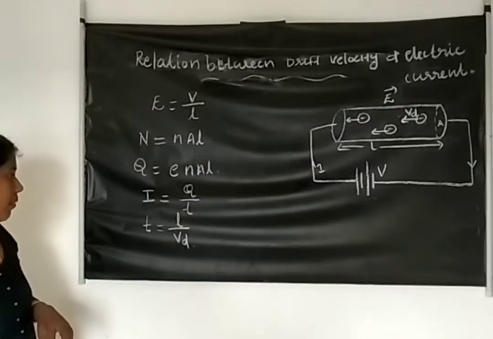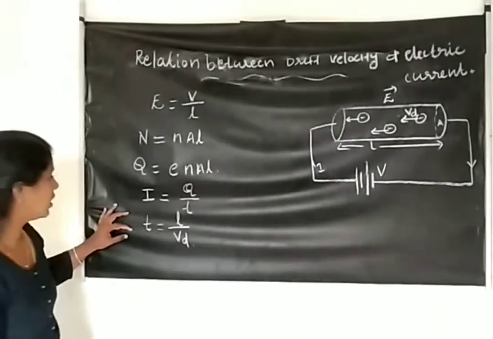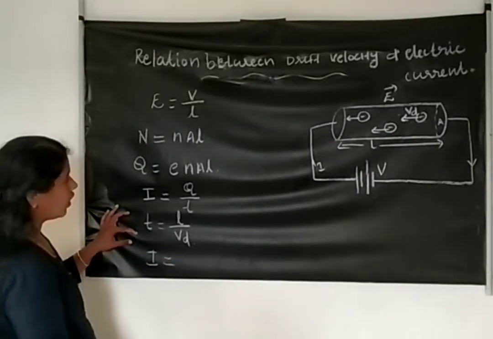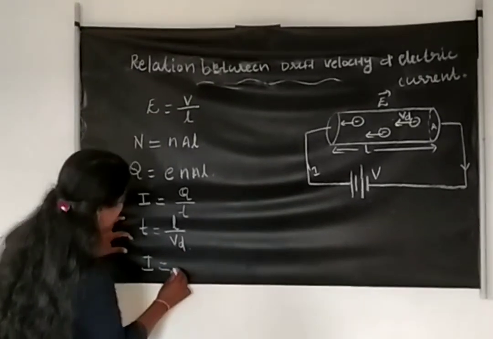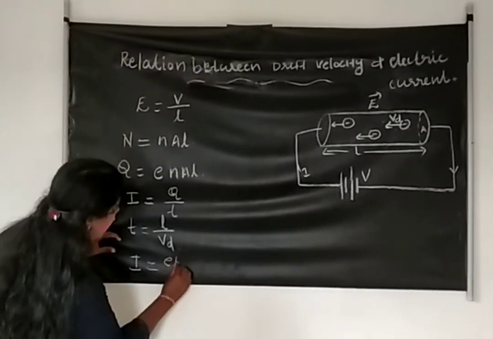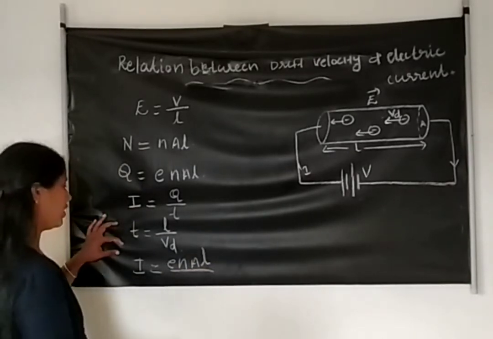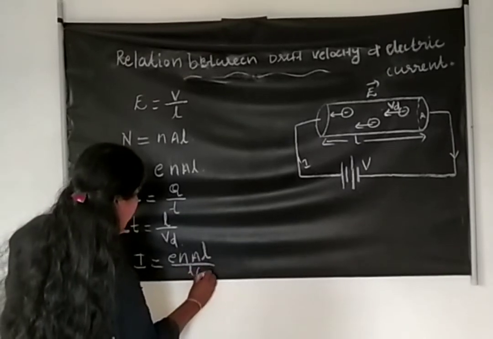Substituting, I = e n A L divided by (L divided by vd).